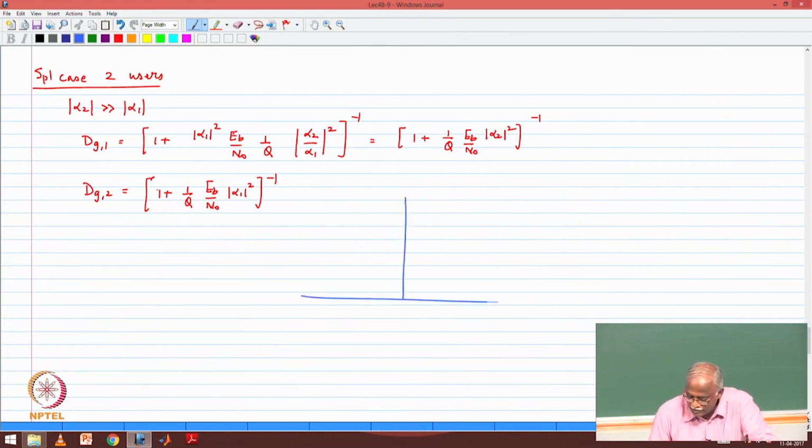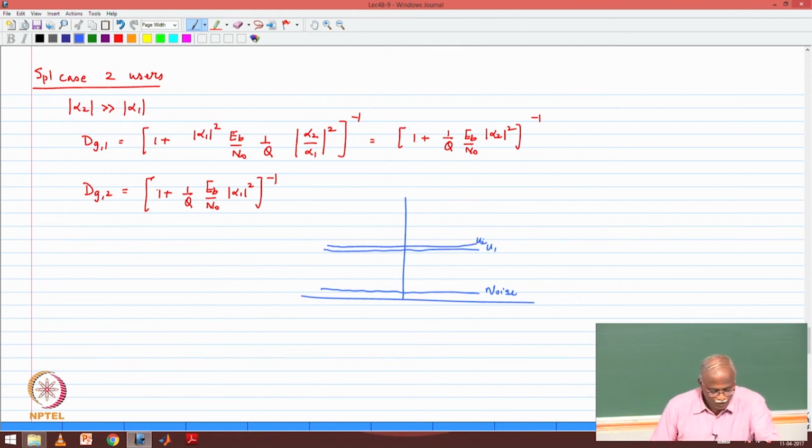So if you now link this to the scenario that we just now drew, I'll just redraw that for reference. This is noise. This is a 2 user case. User 1 is transmitting with a lot of power. This is user 1 and user 2 is right there, user 2 power level. Okay. Now when I despread user 2, then what I have is, this is my SINR for user 2.